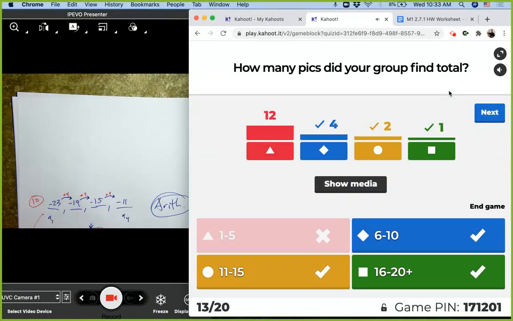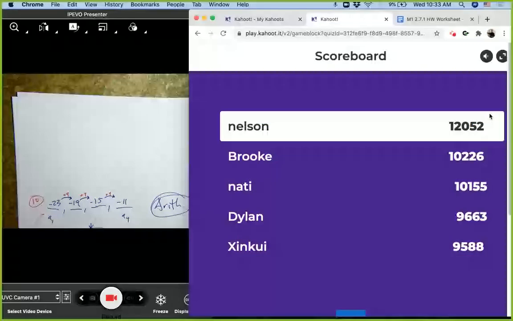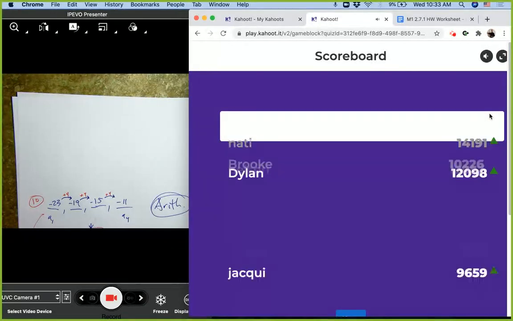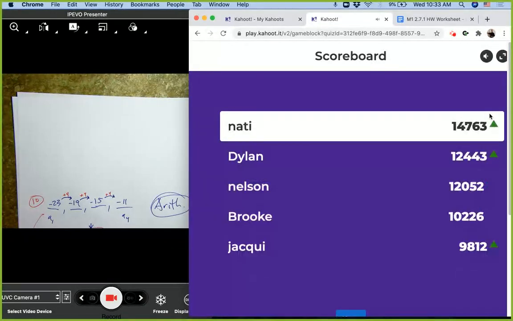All right, quite a few folks just had 1 to 5. I think we had a couple slower groups, and there's one person that claims over 16. Just one person. I like that. All right, let's see who's on top now. Nati taking over. Dylan Nelson. Brooke, Jackie on the board. Nice. All right, what's next?